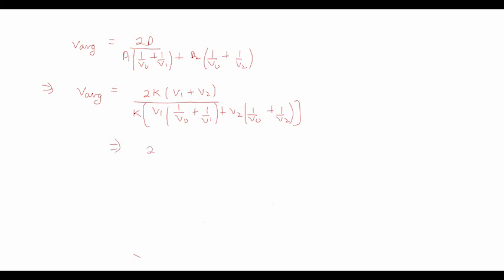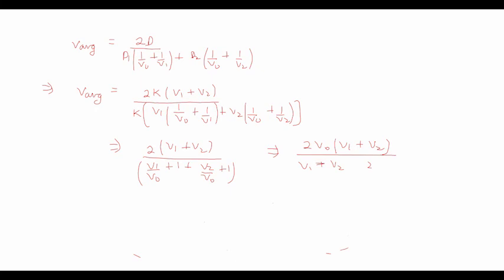We write it as twice of (v1 plus v2) upon (v1 by v0 plus 1) plus (v2 by v0 plus 1). And the final answer we obtain as 2 v0 (v1 plus v2) upon (v1 plus v2 plus 2 v0). So this is how we solve this particular question.